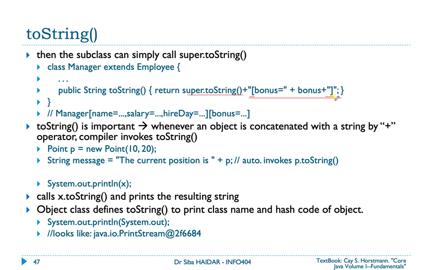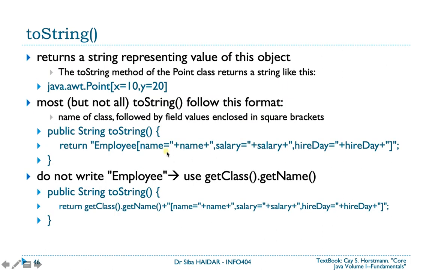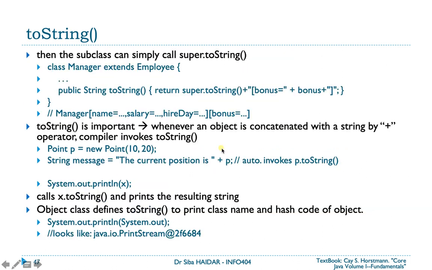Okay? The toString method is also very important whenever an object is concatenated, just like here, plus bonus, plus hireDay, plus salary, plus name. Whenever an object is concatenated with a string by a plus operator, the compiler invokes the toString method automatically.